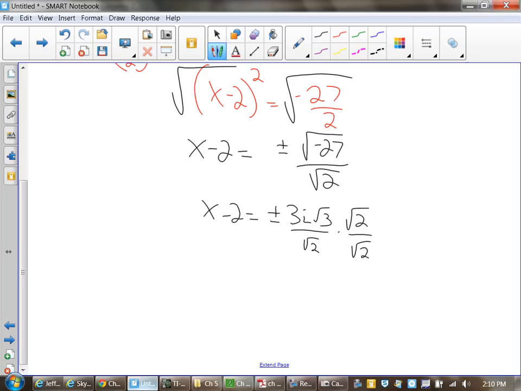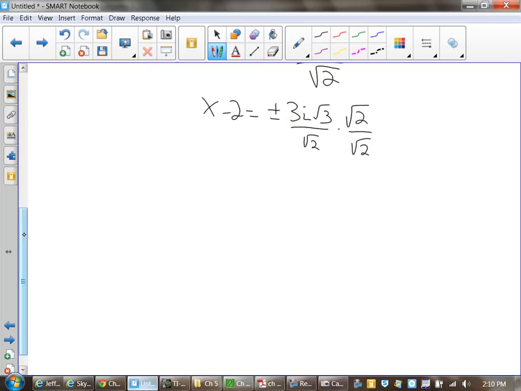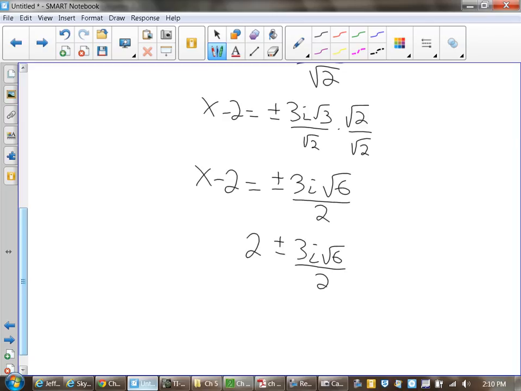Square root of 2 times the square root of 2 is 2. So I have x minus 2 equals plus or minus 3i root 3 times root 2, which is root 6, over 2. And then lastly, move the 2 over. So I get 2 plus or minus 3i root 6 over 2.